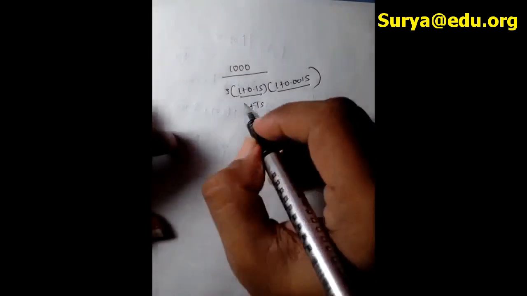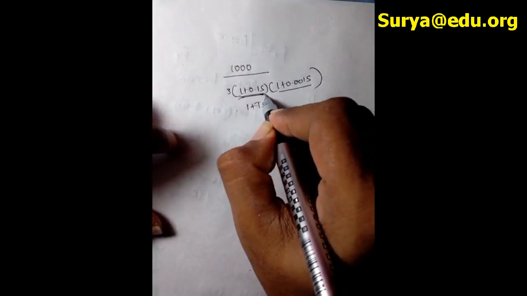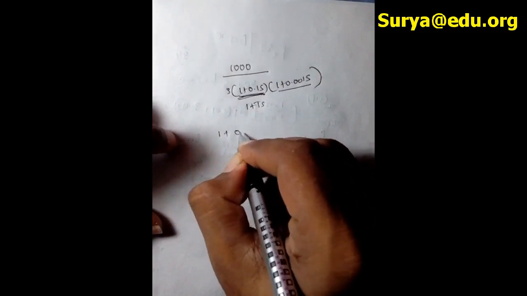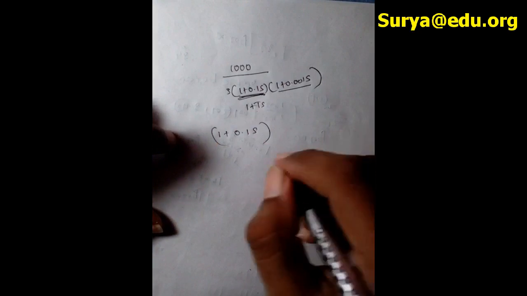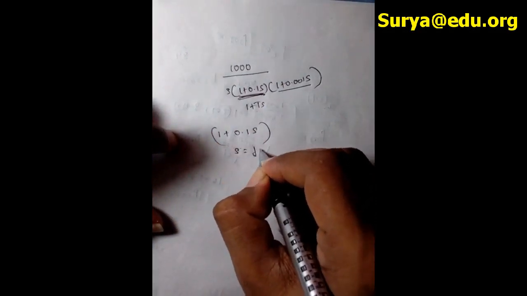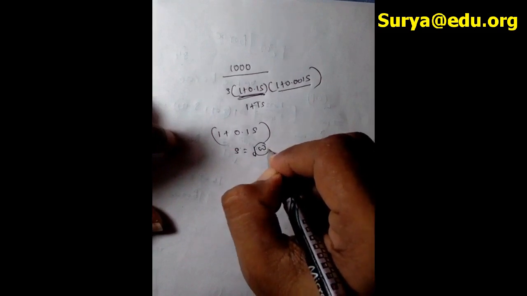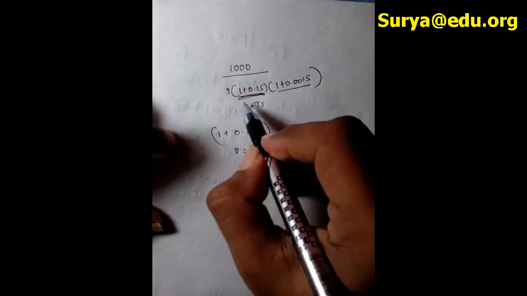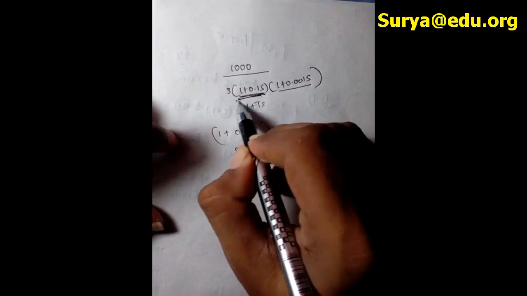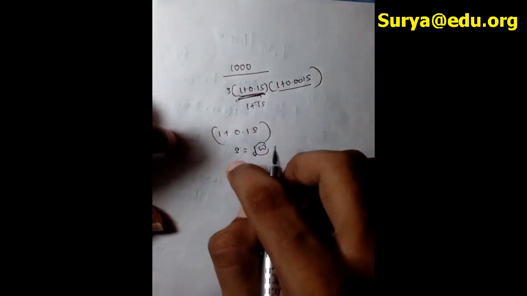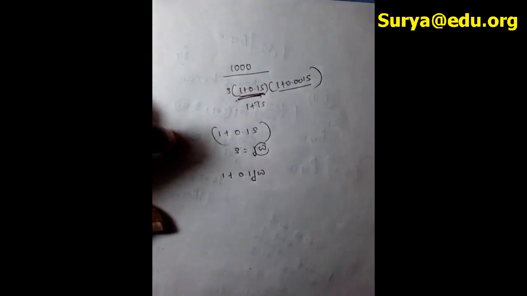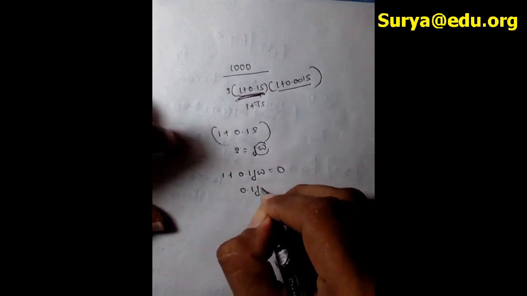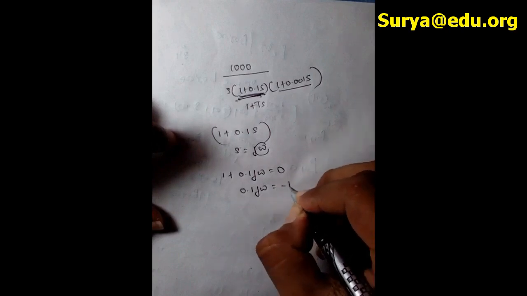Now, how does the corner frequency come about technically? Just consider this part: 1 plus 0.1 s. Replace s by putting s equals j omega, where omega stands for frequency. It becomes 1 plus 0.1 j omega, and equate this to 0, so you get 0.1 j omega equals minus 1.